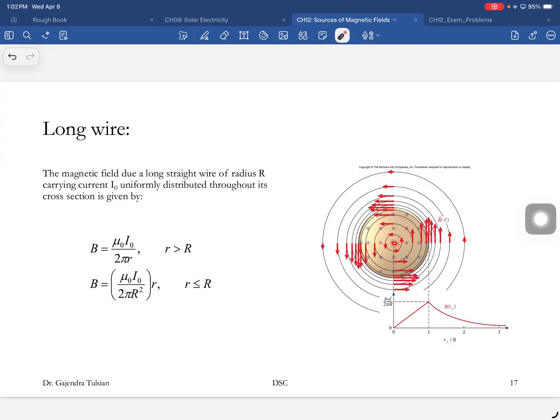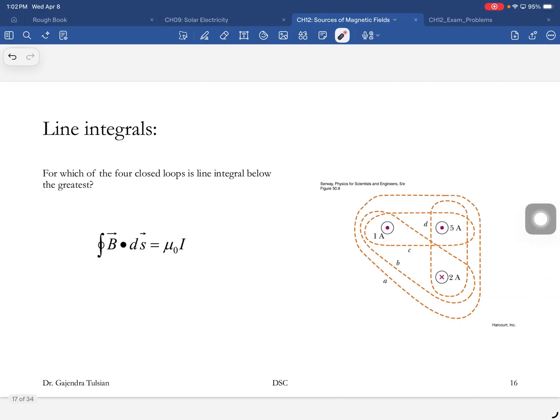The magnetic field at the center is 0, and as you go further out, the strength of the magnetic field increases. It is strongest at the surface of the wire, and once you go outside the wire, it falls off. That's what this is showing you. And this can be proved. These expressions can be derived using Ampere's law.